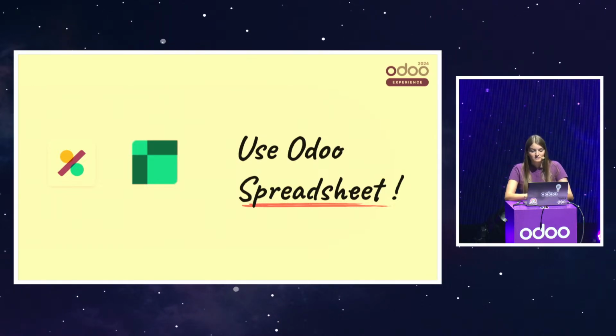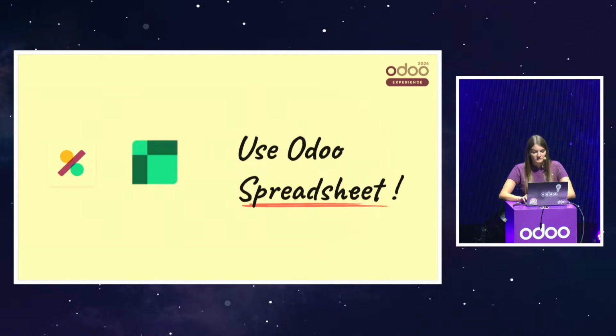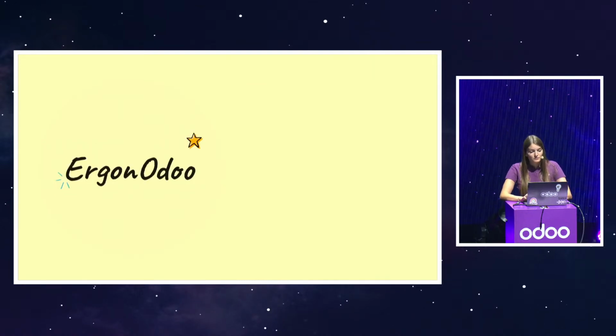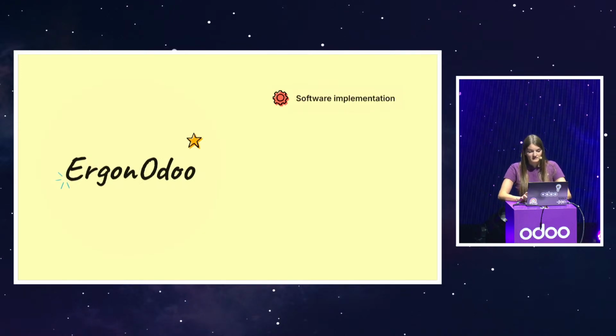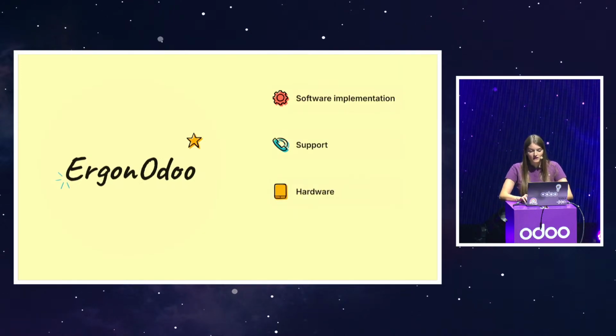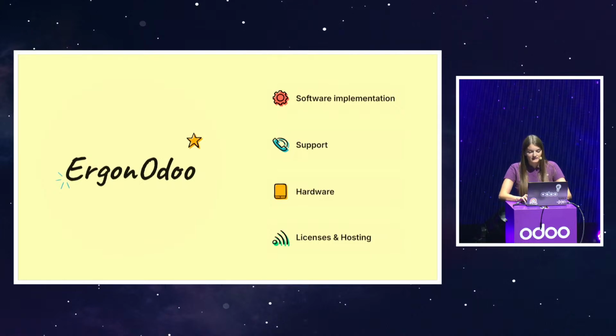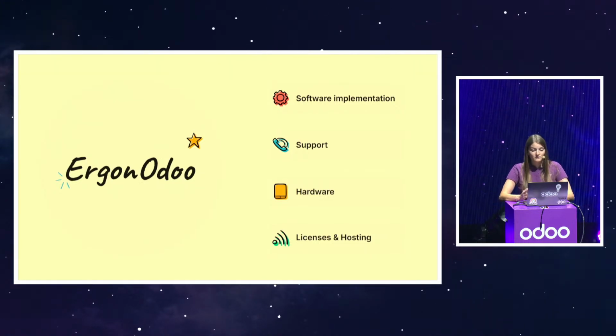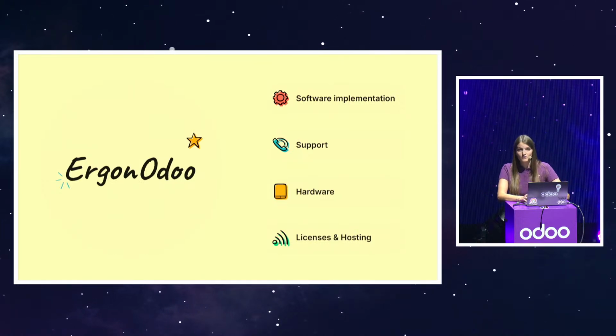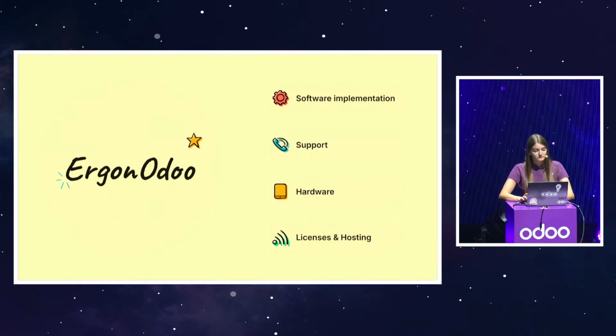But before jumping into Odoo, let's come back to our use case. Odoo is an Odoo partner that is selling 4 types of services: software implementation, support, hardware, as well as licenses and hosting. They are managing client projects in order to implement Odoo and provide the best follow-up possible to their clients.